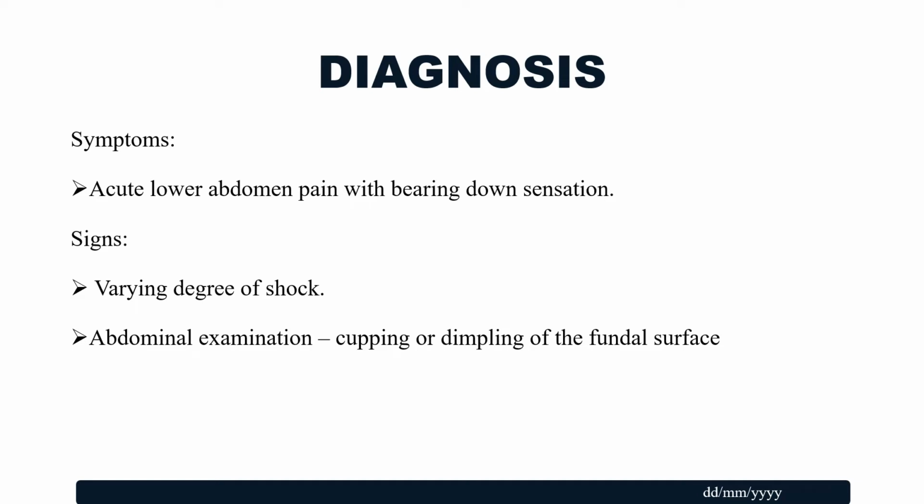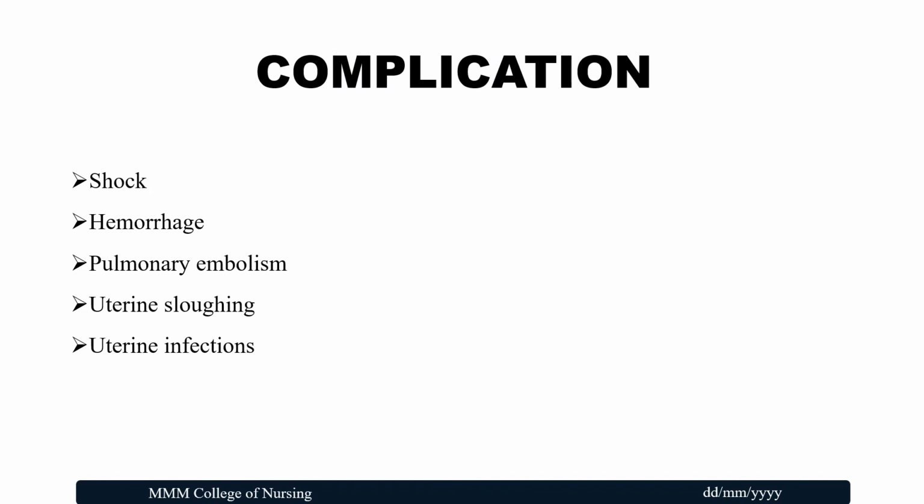These are some of the diagnoses. What are the complications? First one is shock, hemorrhage, pulmonary embolism, uterine sloughing, uterine infection. Because of the signs and symptoms, it will lead to complications because of subinvolution.